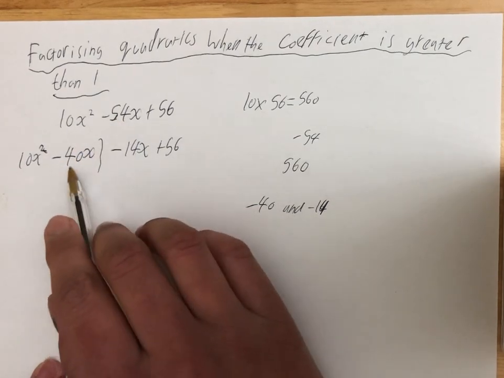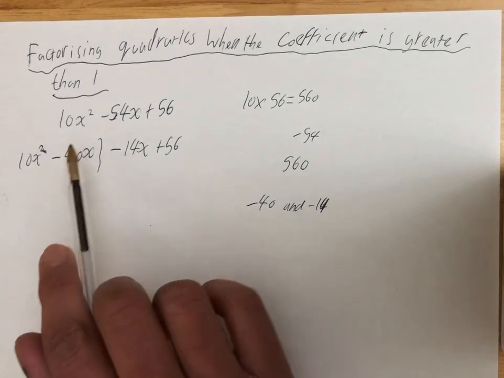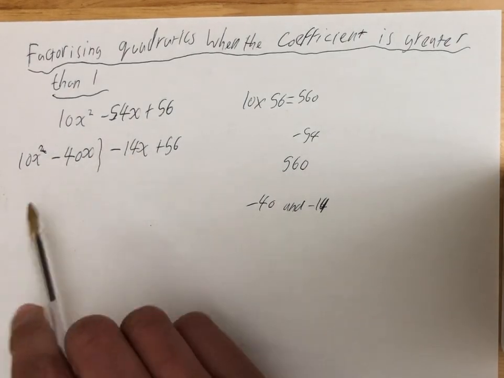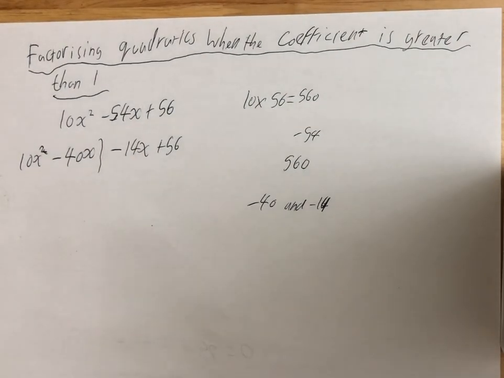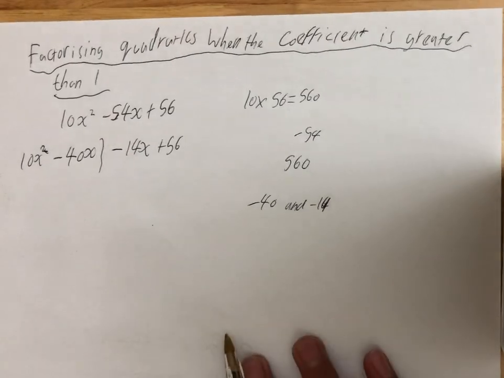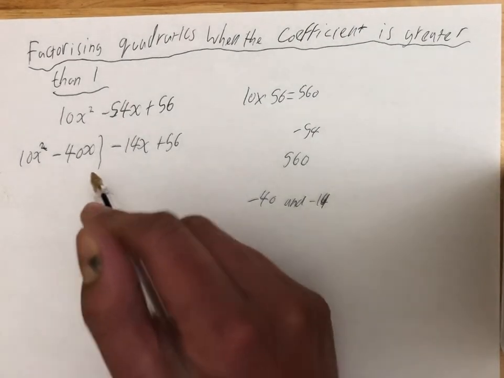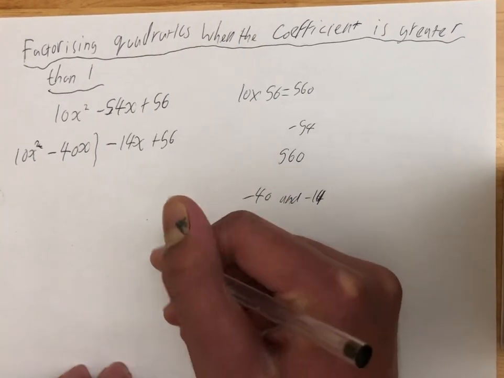Because all you're doing here is just splitting the equation into two and then factorizing these two parts of the equation. So that leads to our next step, where we actually factorize each side. And when we factorize each side, we want to make sure that we get the same result in the brackets.